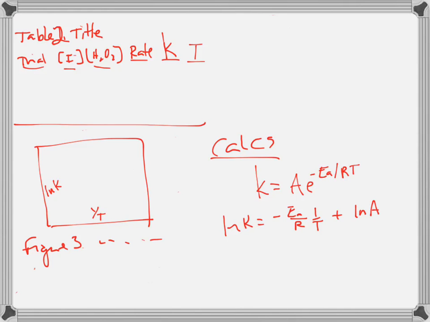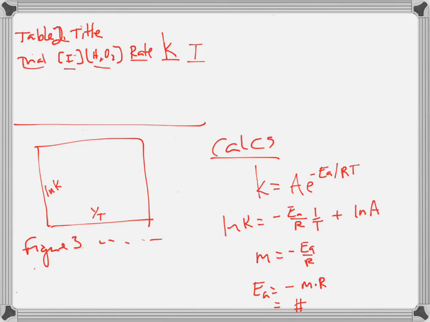I now know why you plotted that. You can then tell me that m equals negative EA over R. EA equals the negative slope times R number.